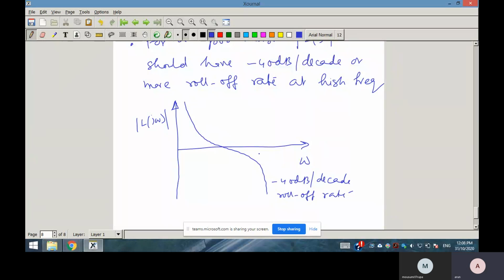Why its shape is like that we will discuss in the next class.